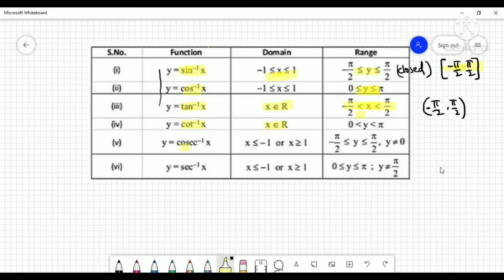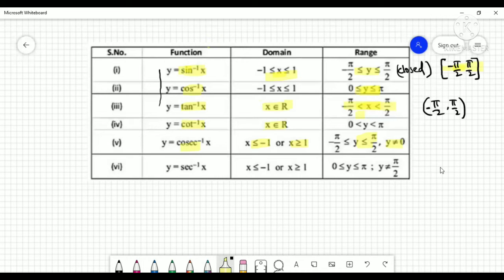Then for cosecant inverse x, the domain is less than -1 or greater than +1, and the range is very important. They will ask the range only, maximum 95% they will ask the range only. The range is the closed interval -π/2 to π/2 except 0.